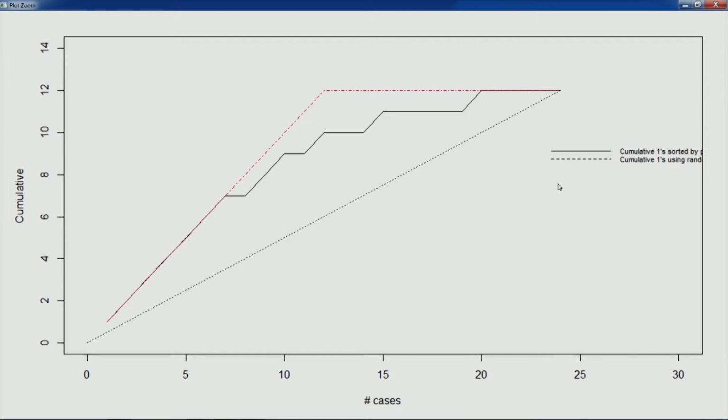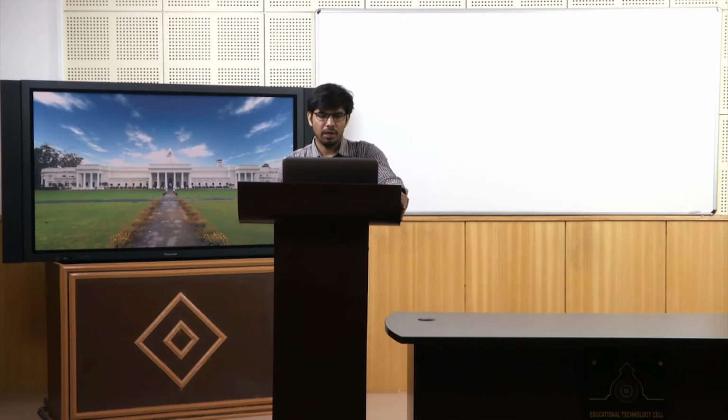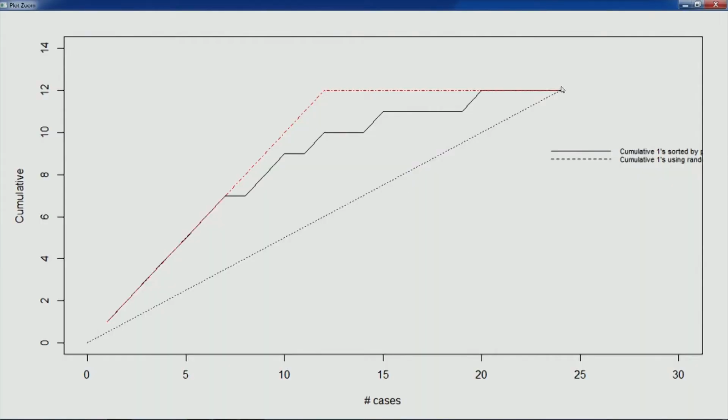The class of interest being owner, the number of records belonging to the owner class is 12. So the probability of a particular record belonging to the owner class is 12 divided by 24, that is 0.5. You would see the last point coordinates being 24 and 12, and this being the reference line, this is the average case.